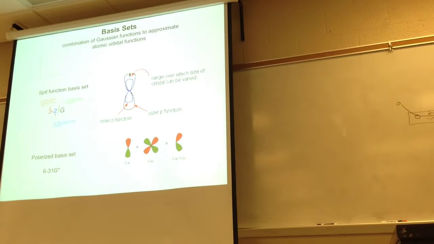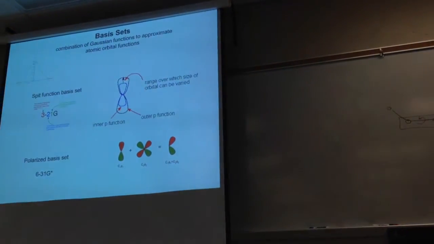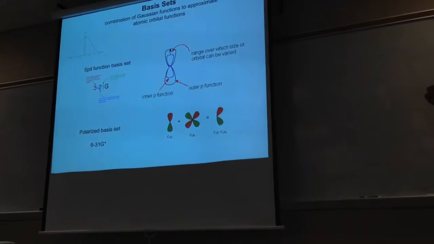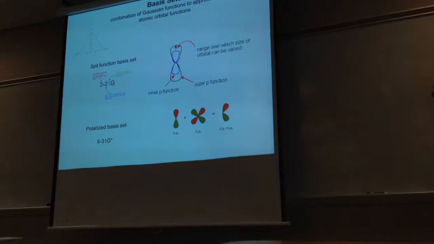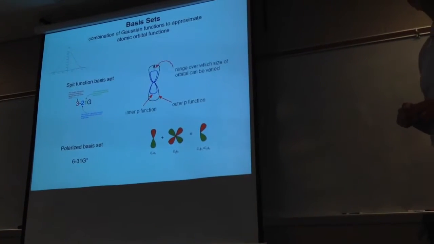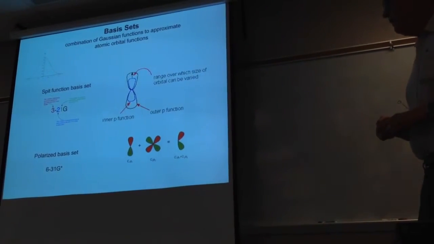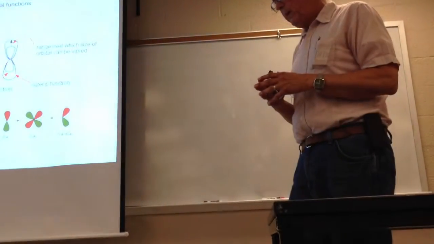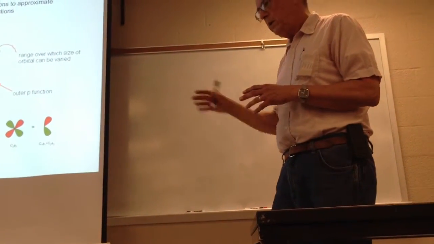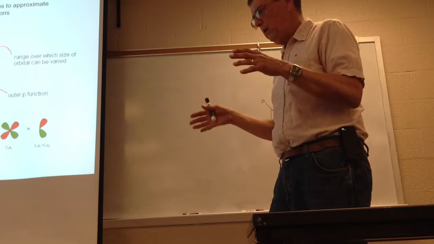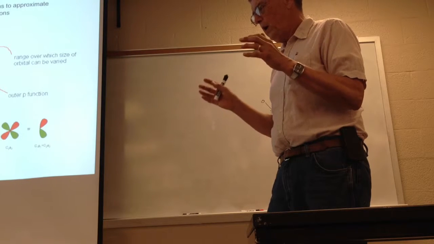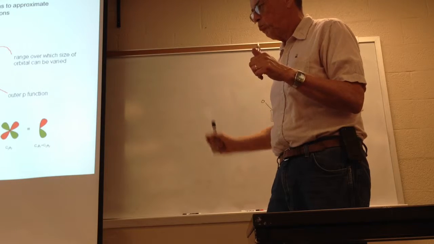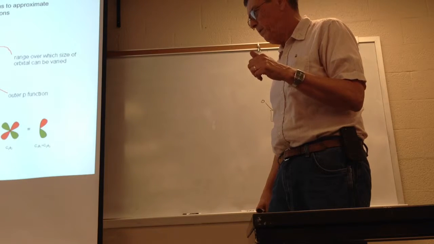Let's see what else we've got. This is more detailed than you probably want to know about atomic orbitals and molecular orbital theory. But atomic orbitals have a fairly, the profile, what's the best way of saying it?